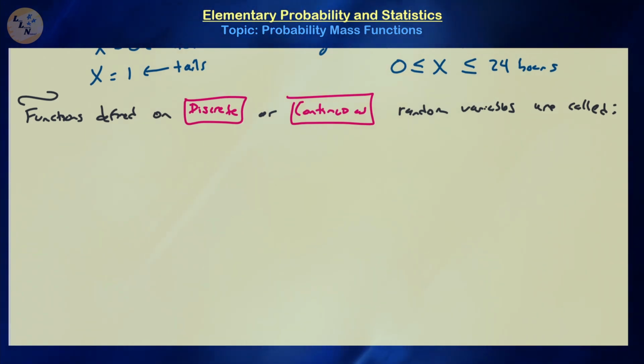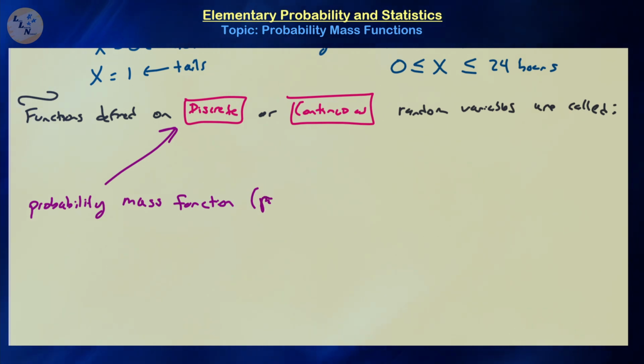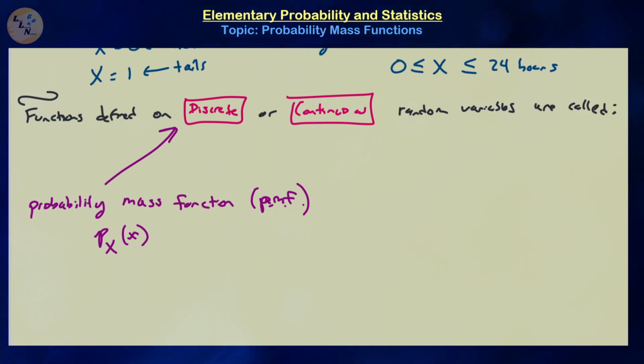A function defined on a discrete random variable is going to be referred to as a probability mass function, or PMF for short. And usually we will write the probability that capital X takes some little value x is equal to something. So that's going to generate the probability of a particular variable taking some particular value.